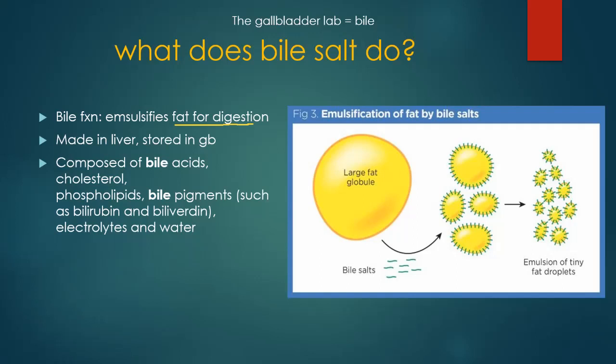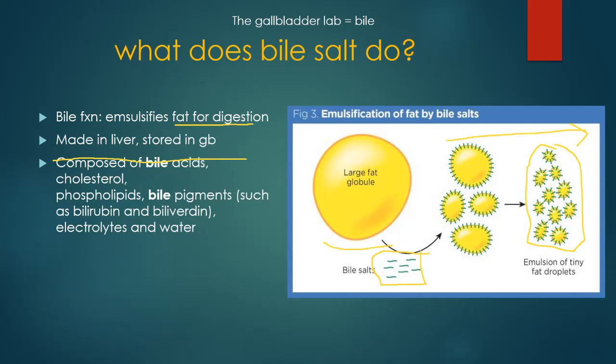So this is a large globule of fat, and you can see that the bile is represented as these tiny little green lines. It breaks down the fat into small little tiny drops. It's an emulsifier, kind of like soap is, and it breaks all of those little oils and fats down so that way we can actually absorb them.